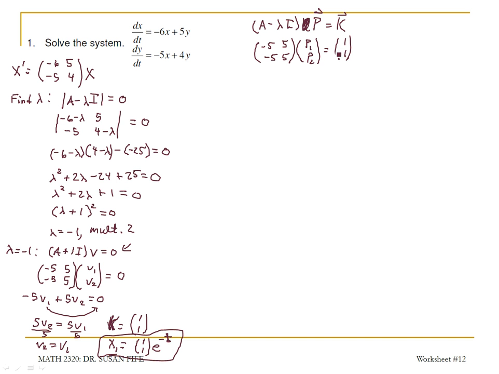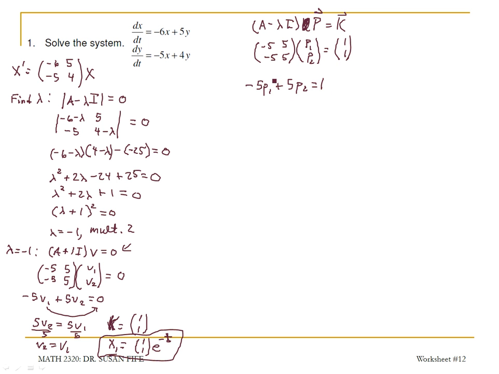Now, if I write this out as the system, I'm going to get -5 p1 plus 5 p2 is equal to 1. And my second equation is going to give me the same thing. -5 p1 plus 5 p2 is equal to 1.